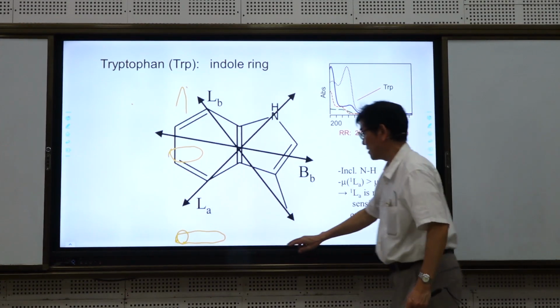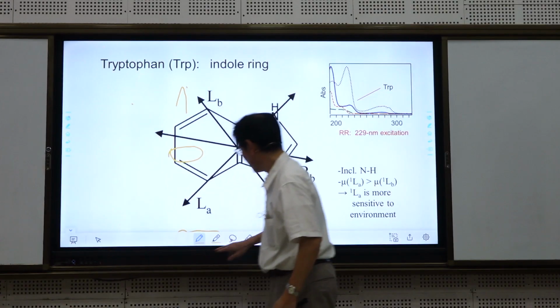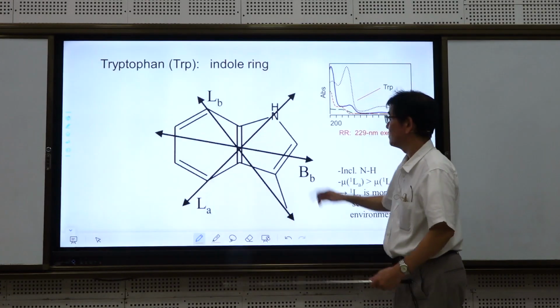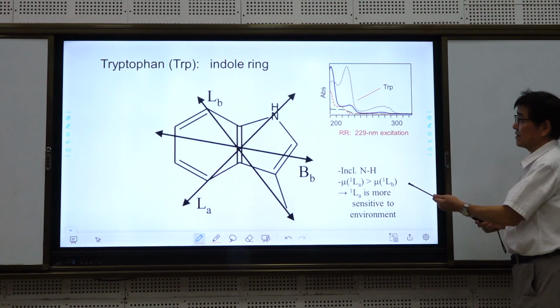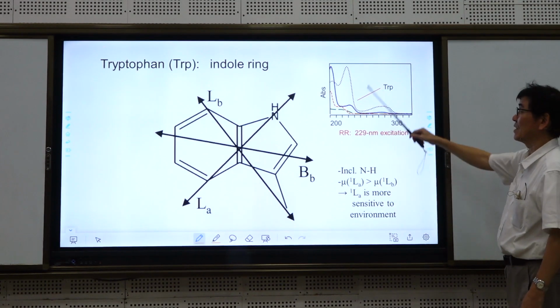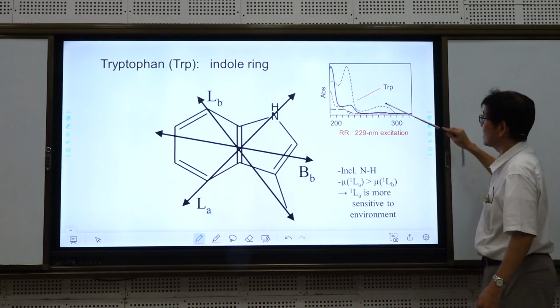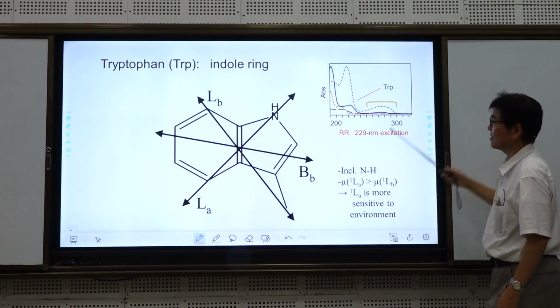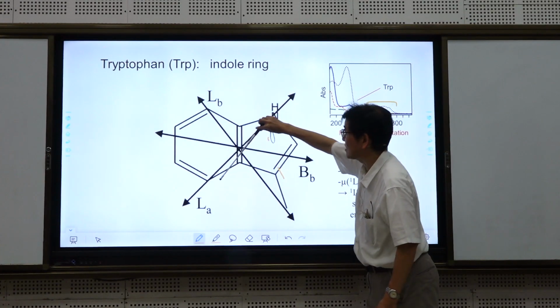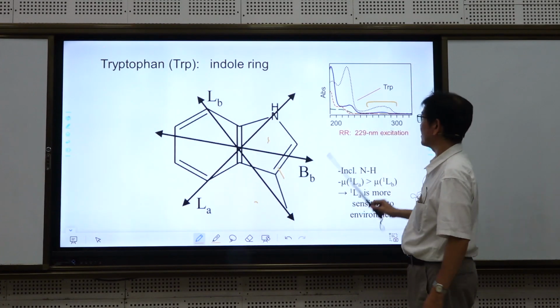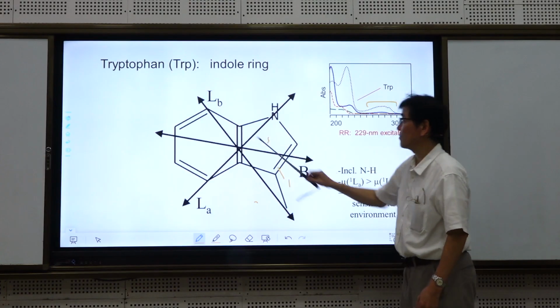This is a tryptophan side chain. And the tryptophan side chain has a UV visible absorption. And in this region, there are two peaks, LA and LB. The transition moment directs this direction and this direction. And there is a BB transition.